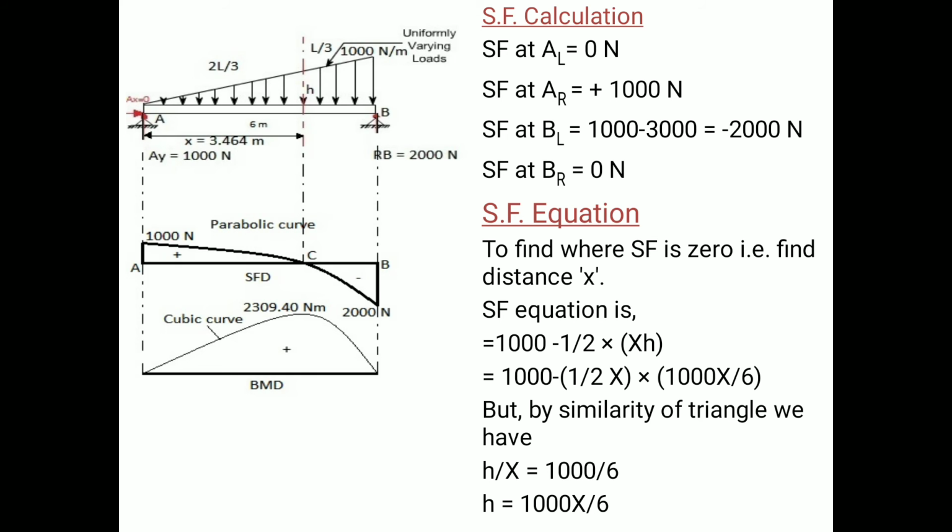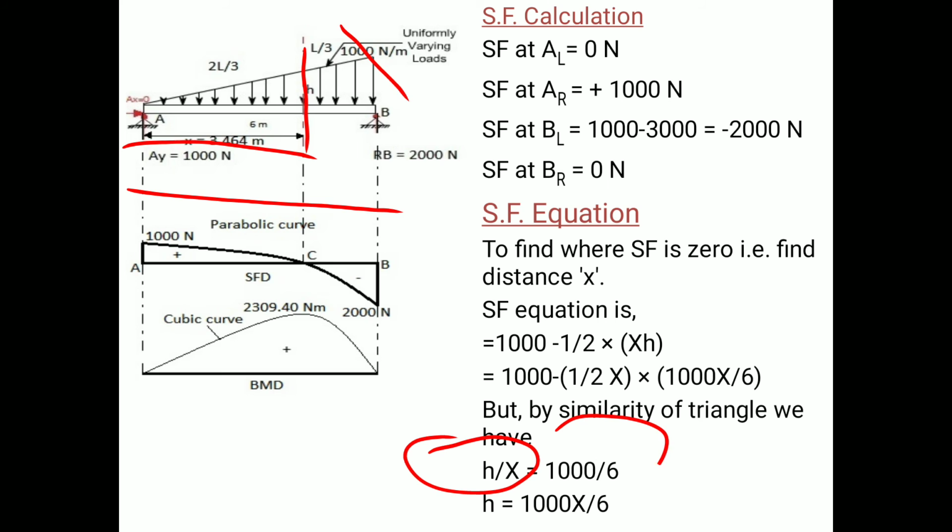But we have to find out the value of x, and there are two unknowns, x and h. We don't know the value of h. So by using similarity of triangle, we have h by x equal to 1000 divided by total length 6.